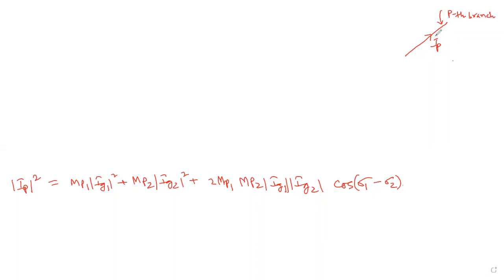So I have got an expression for the absolute value of the current flowing through the pth branch and the square of that. So this is that expression. Now we know that for the total current, if I have, let's say, k number of branches or n number of branches, I have to add up all these losses.